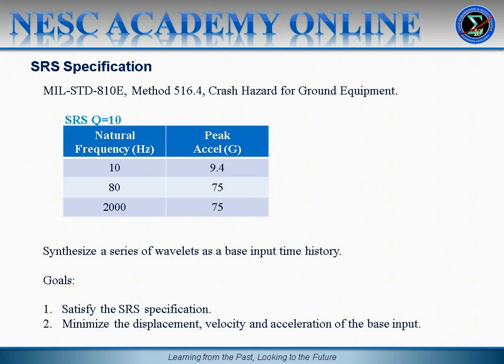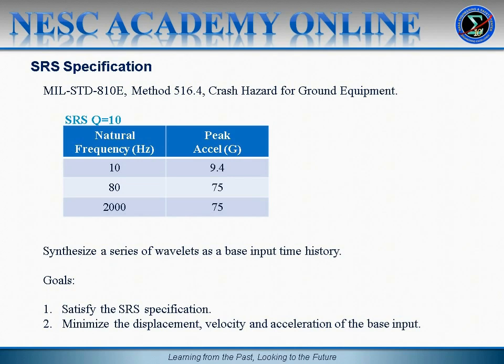So we're going to synthesize a series of wavelets as a base input time history in order to satisfy this SRS table. Now, there is not a unique time history which corresponds to this SRS. Rather, a given SRS can be satisfied with many different types of acceleration time histories.